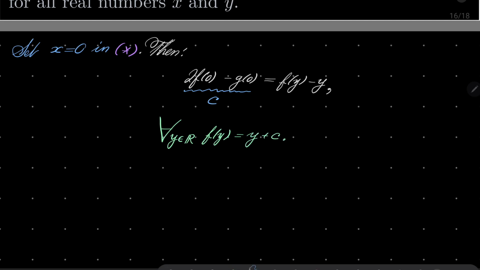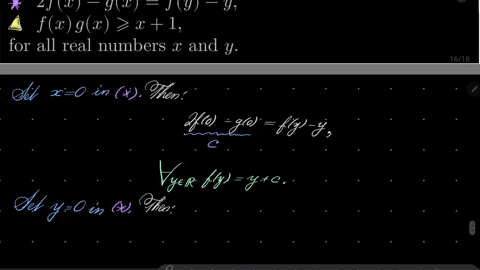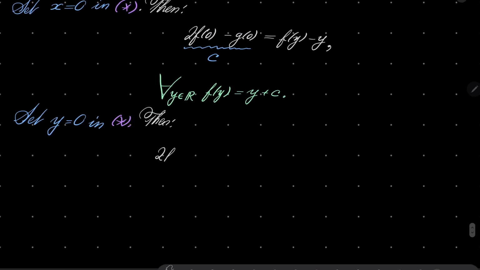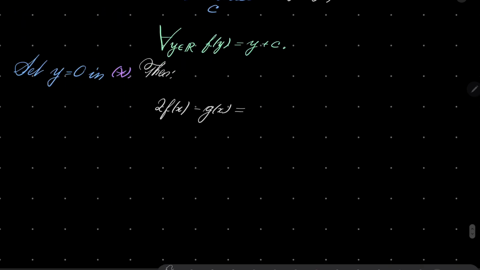Alright. Now let's set y to be 0 in our condition asterisk once again. Then we have 2f(x) - g(x) = f(0) - 0.